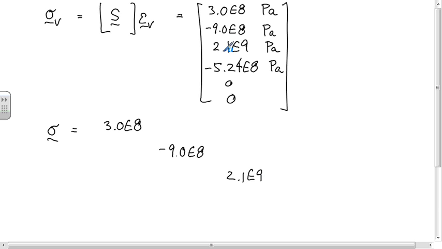And then the only shear stress we have is the YZ. So that's here, -5.24 times 10 to the 8th. And it also has to be here because of symmetry. And everything else is zeros.